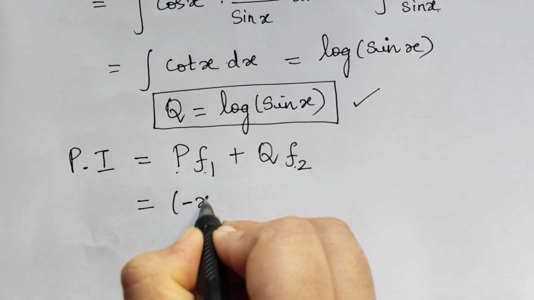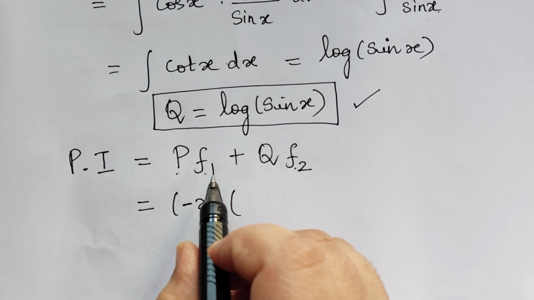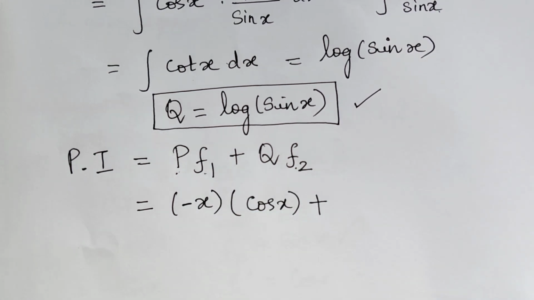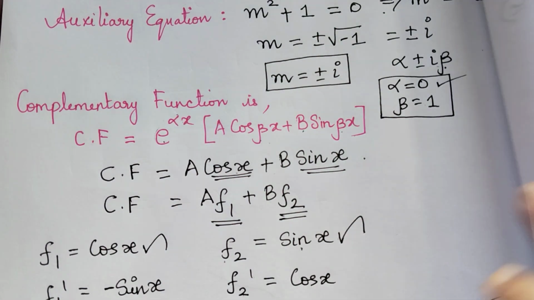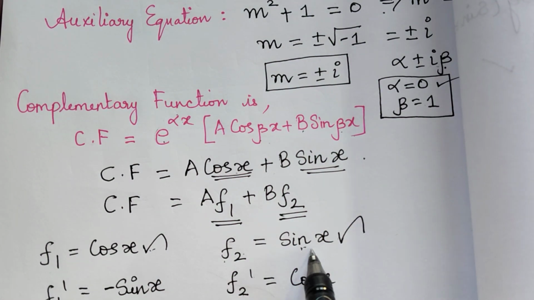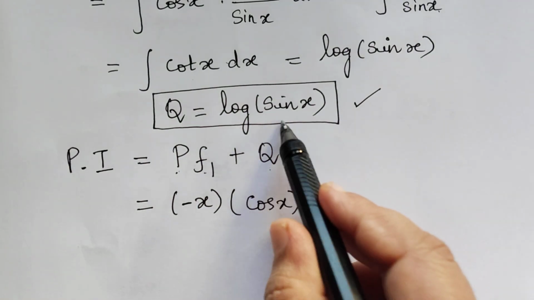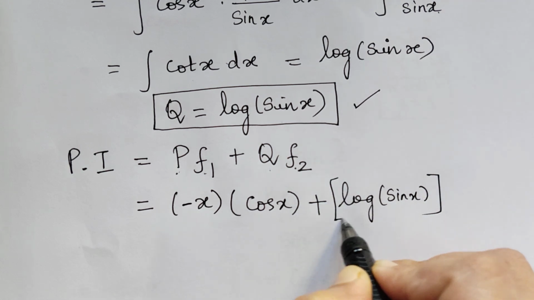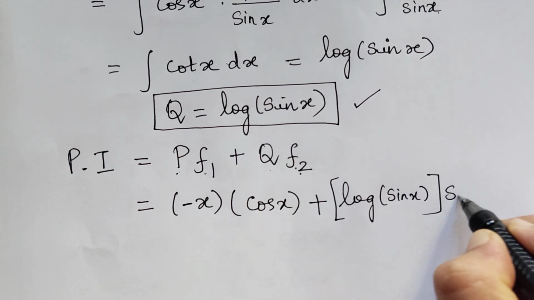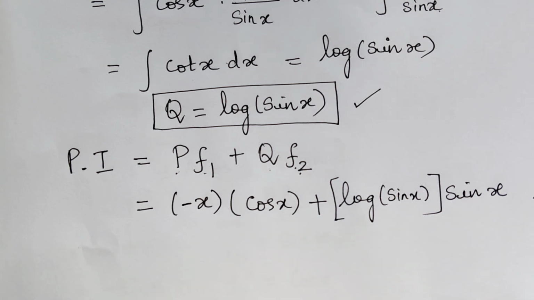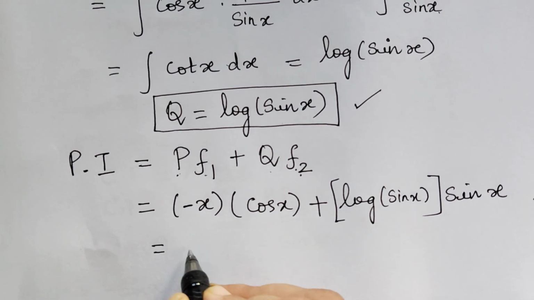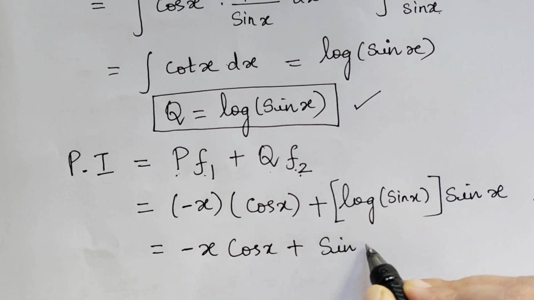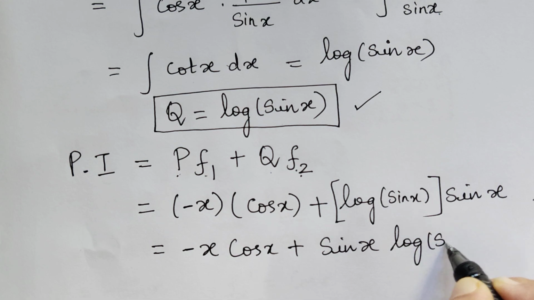So minus x multiplied with f1. f1 is cos x and f2 is sin x. Capital Q is logarithm of sin x. This has to be multiplied with f2, which is sin x. So the particular integral we have obtained is negative x cos x plus sin x logarithm of sin x.